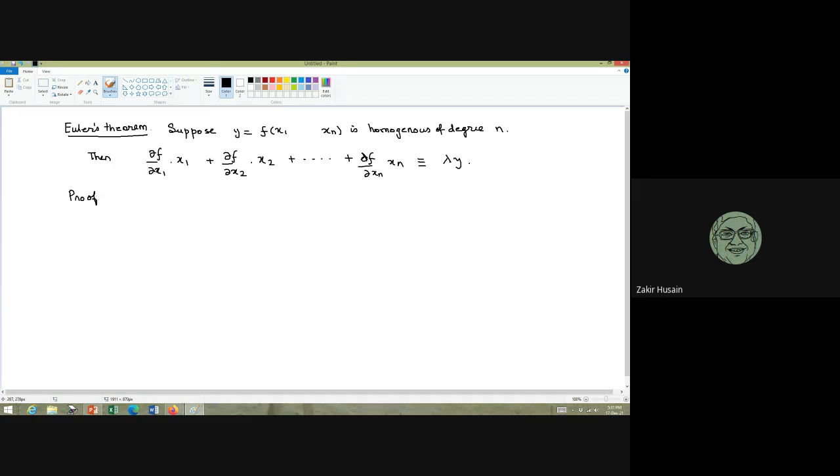So this is a very important theorem, and this has very important implications for production theory. We will also use this in deriving certain results in consumer equilibrium. So let's look into this theorem and try to prove it.